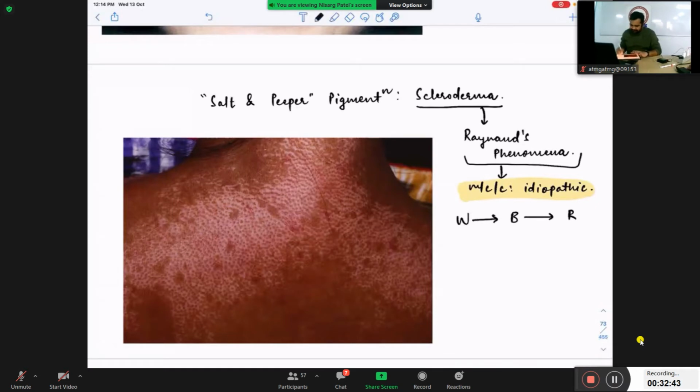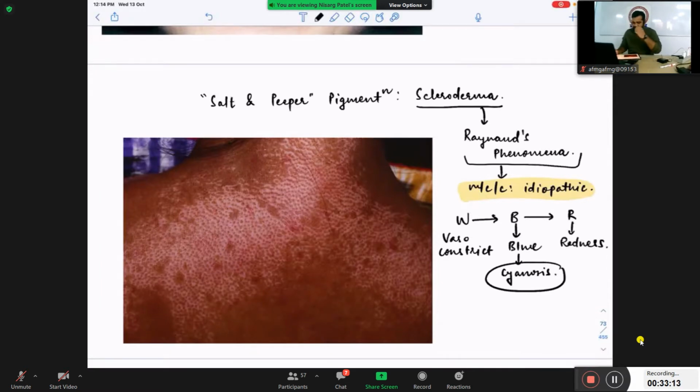Whitish discoloration is a phase of the vasoconstriction. Then the patient will develop blue color because of the cyanosis and lack of oxygen. Then when there is an increase in the prostaglandin level and nitric oxide level, there will be reperfusion of the blood, and the person will develop redness.